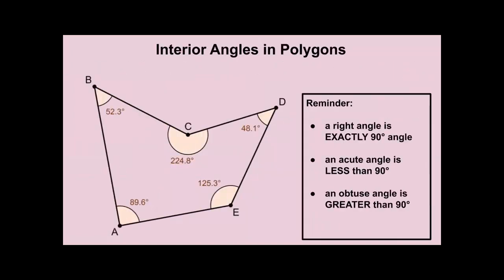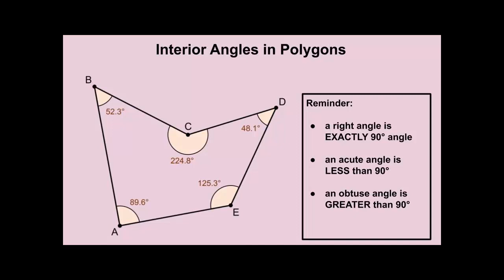Let's review the vocabulary that we've worked on today with this fun shape. As you can see, there are 5 sides. So this is a pentagon. This plane figure is a pentagon because it has 5 sides. In our reminder box, we note that a right angle is exactly 90 degrees.